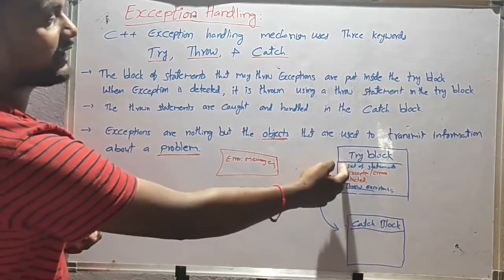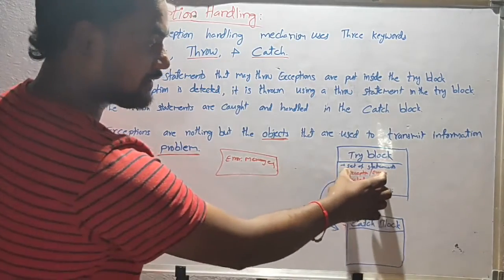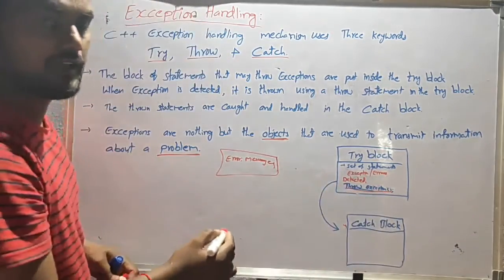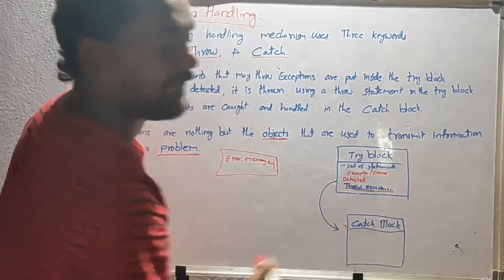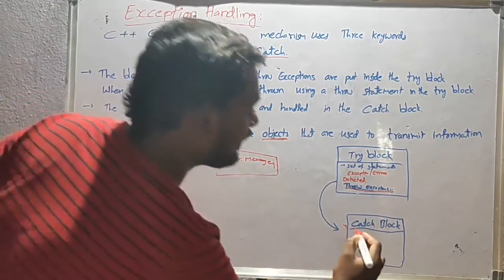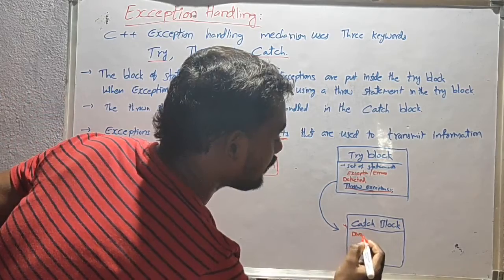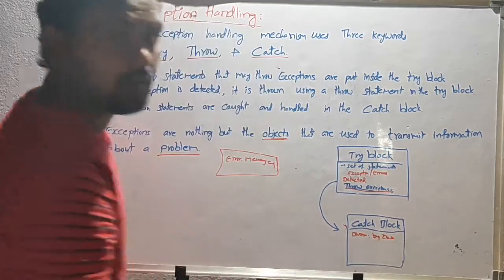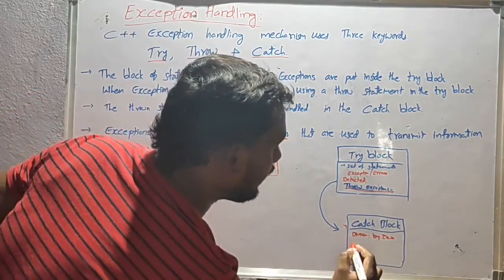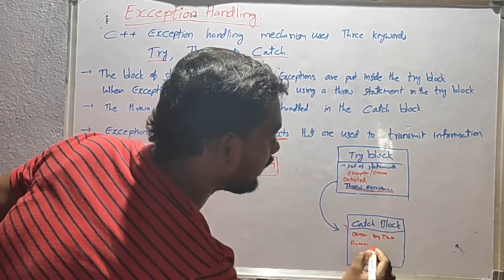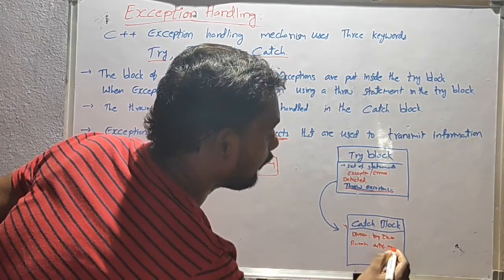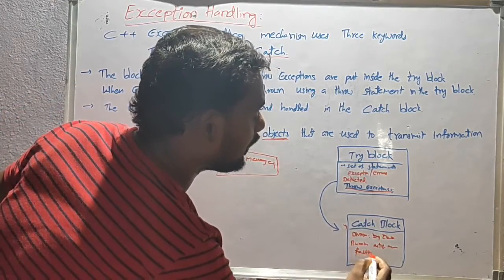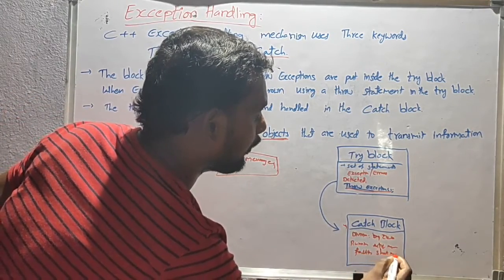When the try block detects errors, they can be thrown by the throw statements and handled in the catch block. The catch block can handle errors like a division by zero error, or running out of memory, or falling short of memory exceptions.